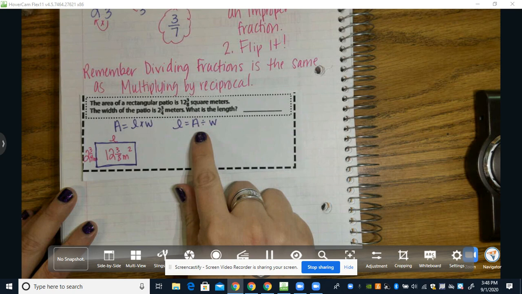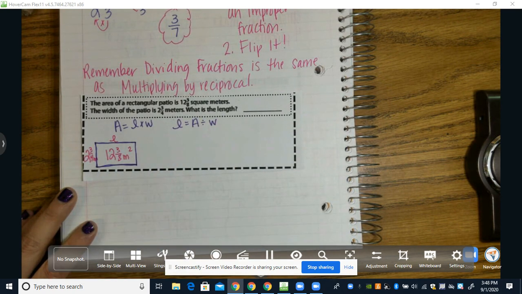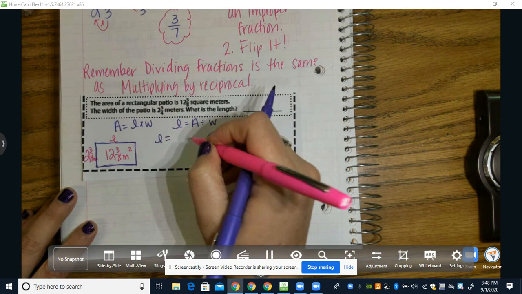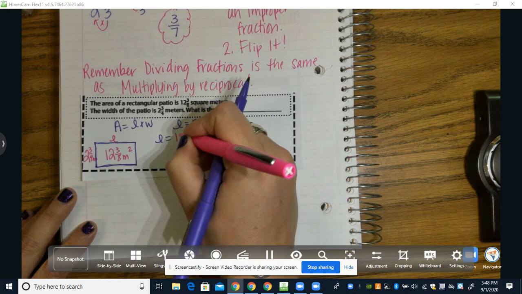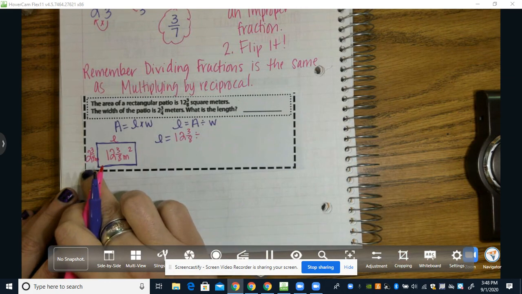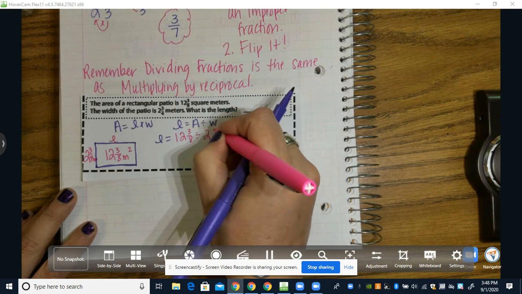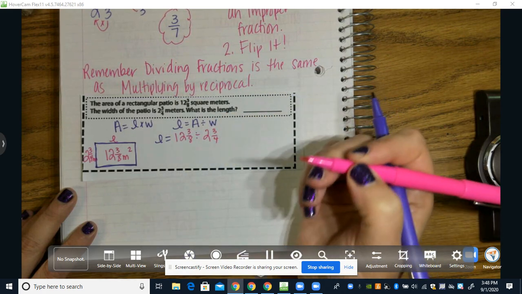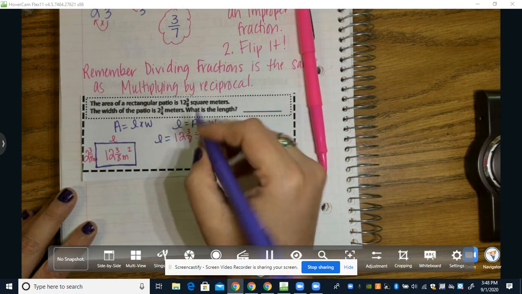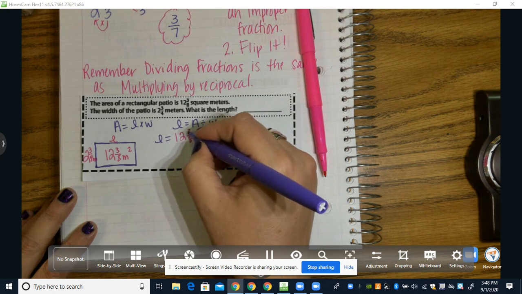Okay, I'm going to set up my equation and put in these numbers. So I have my length is equal to my area, 12 3/8, divided by my width, which is 2 3/4. So first thing I need to do, guys, is change these into improper fractions. So 12 times 8 gives me 96, 97, 98, 99.